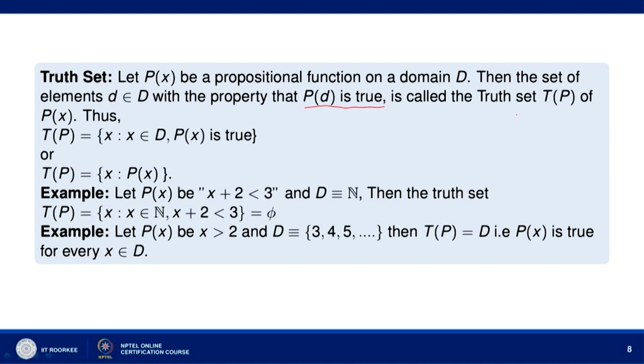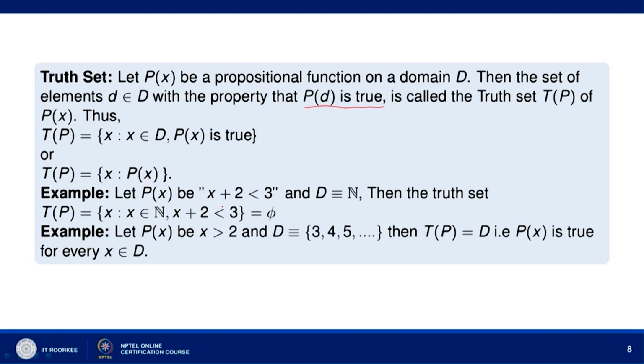So, for all those d belonging to D for which P(x) has the truth value T, we say that those elements form the truth set of P. We denote the truth set by T_P. So, T_P is equal to the set of all x such that x belonging to D and P(x) is true, or we can also denote it by T_P equal to {x : P(x)}. In short, we write T_P equal to {x : P(x)}.